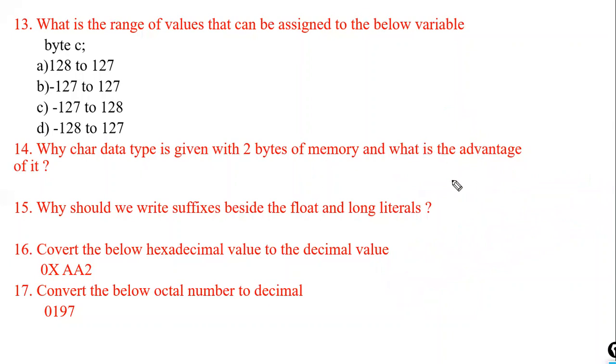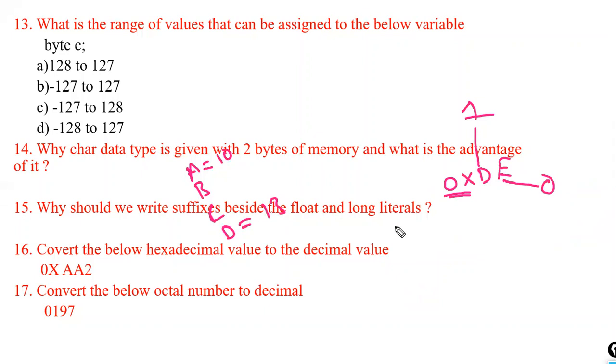If the number is 0xDE, so always 0x represents the hexadecimal value, so the number would be DE. E position is 0 and D position is 1. The value of A is 10, B 11, C 12, the value of D is 13.